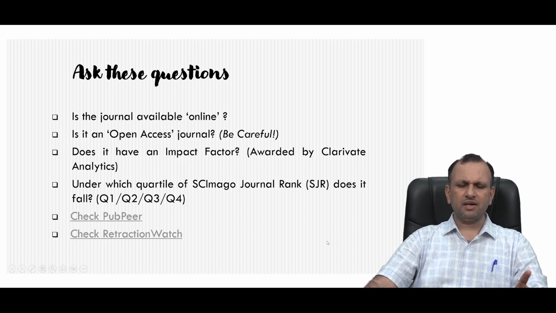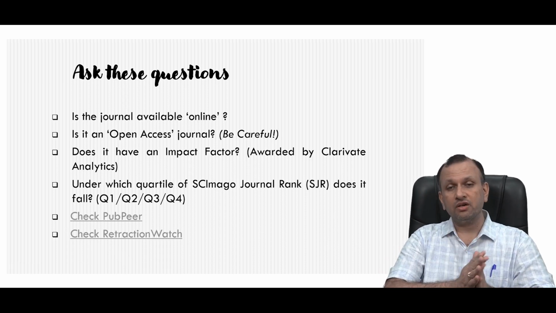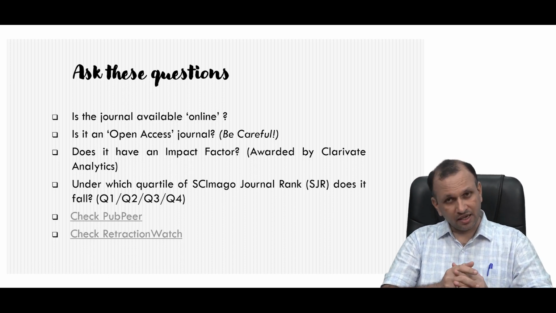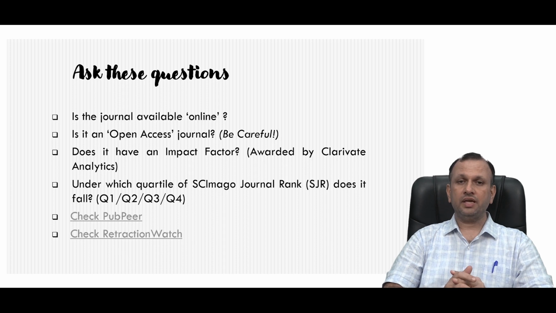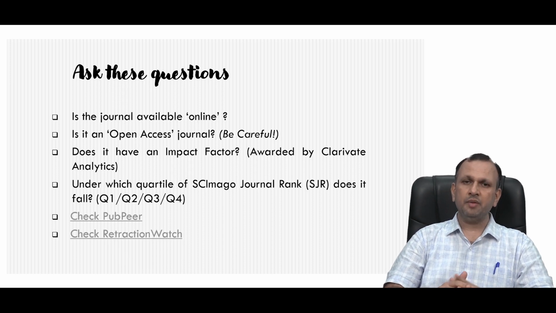So also check PubPeer and Retraction Watch. PubPeer is a platform where post-publication reviews are published, often anonymously, and often the misconducts by authors or editors or sometimes reviewers, for example, research violations, ethical violations, image manipulations, all such practices are often flagged on PubPeer.